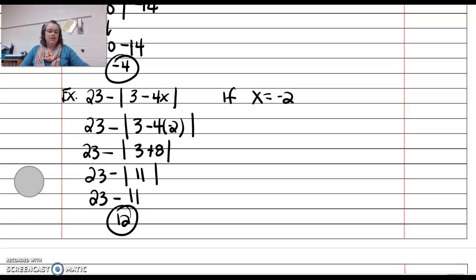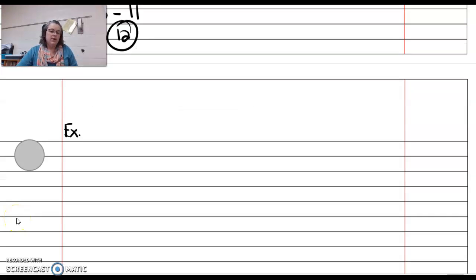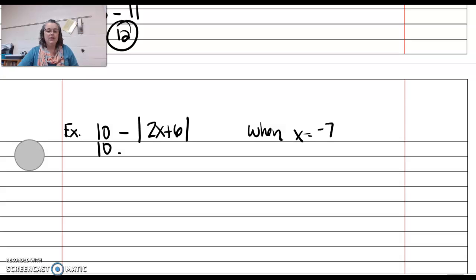Okay. So here I have 10 minus the absolute value of 2x plus 6. We're going to evaluate that when x is -7. So we're going to put -7 in for x and evaluate. We have 10 minus the absolute value of 2 times the -7 plus 6. Working our way from the inside out of the absolute value signs, we get the absolute value of -14 plus 6.